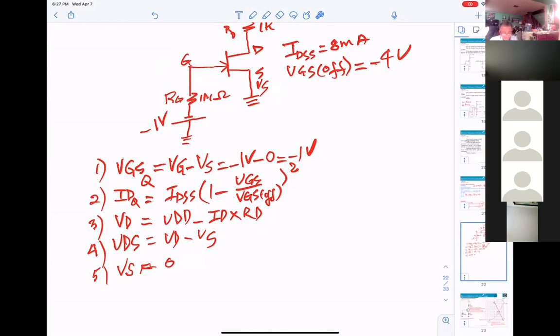The bipolar transistor requires a forward biased base emitter junction to work. The FET requires a reverse biased gate source junction to work. That's a basic difference. It's not like a bipolar.